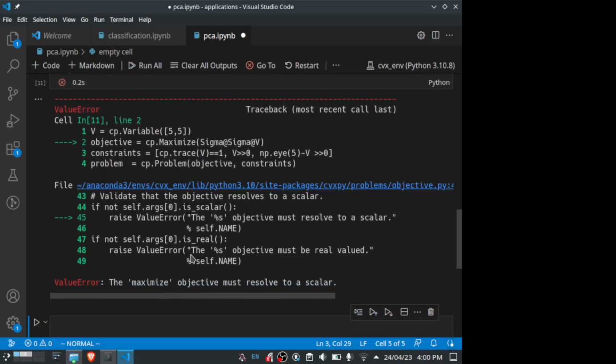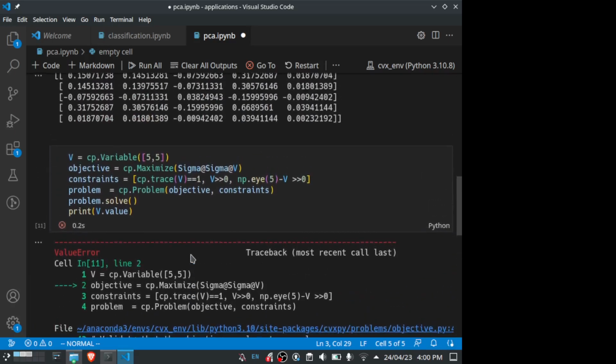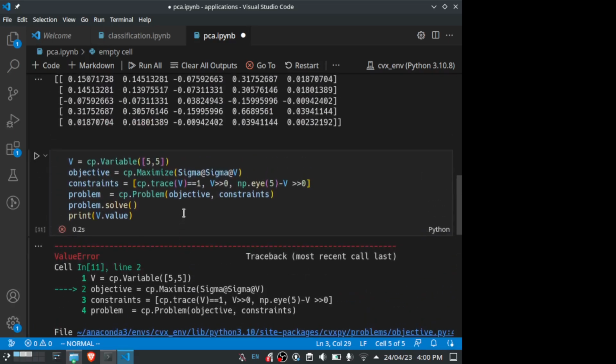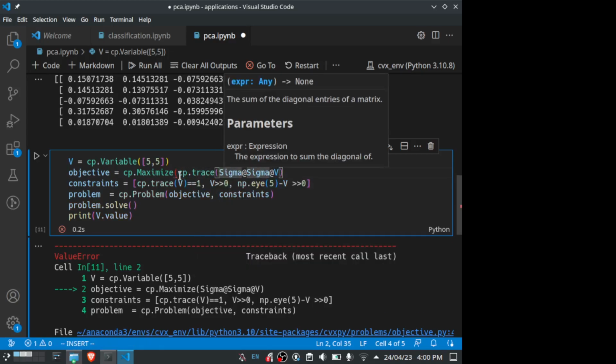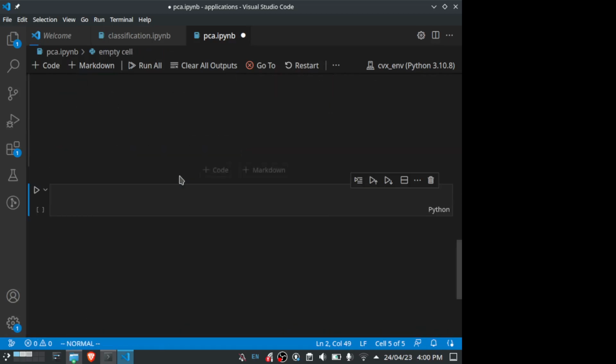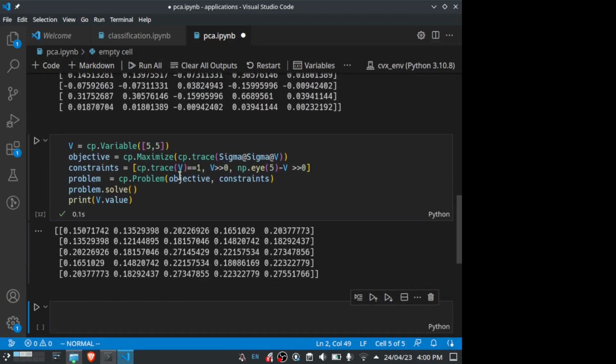Okay, there seems to be an issue with the objective. Trace of sigma. Ah, sigma is a constant. That's fine. Sigma is a symmetric matrix, so I can do this.